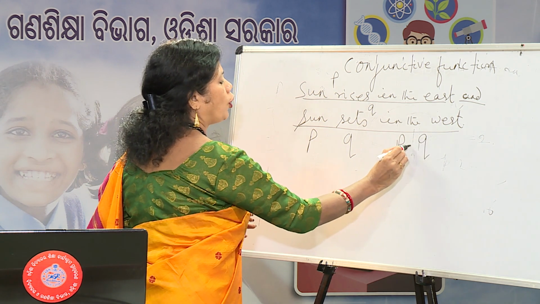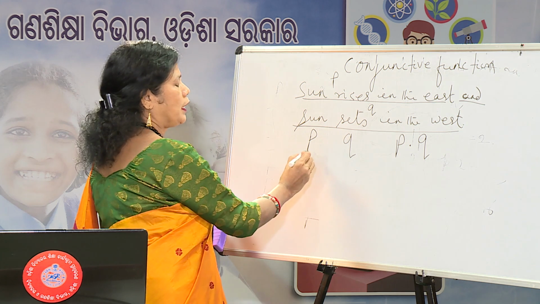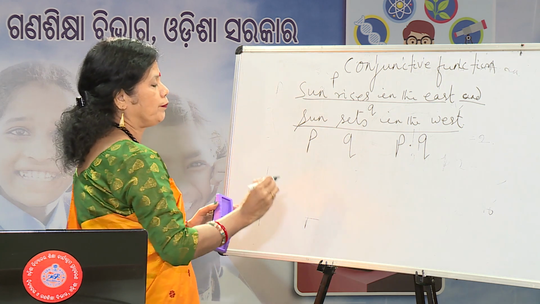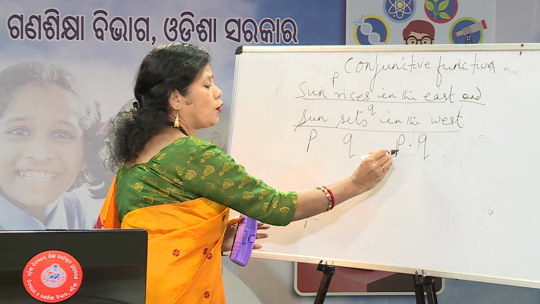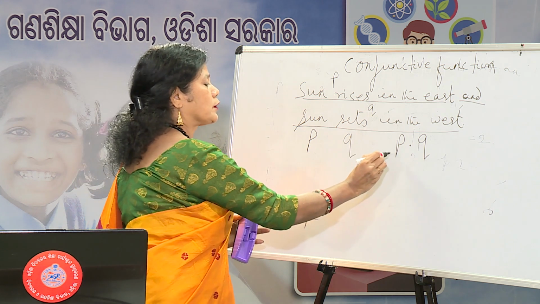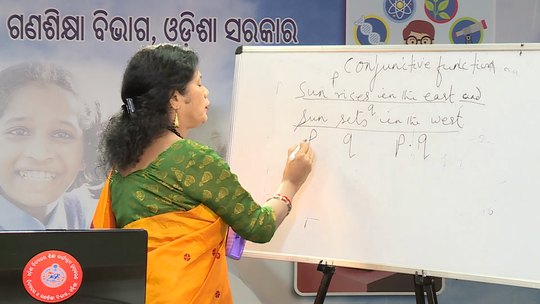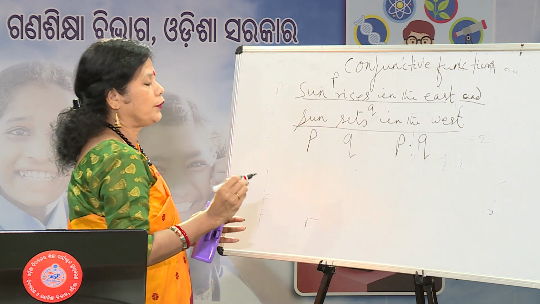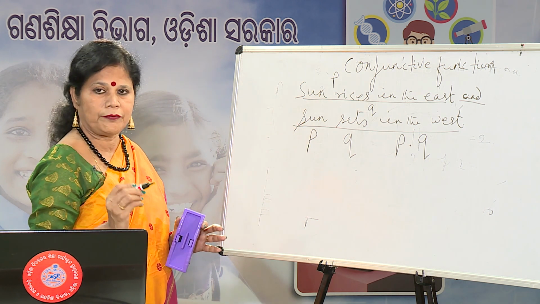Here how many propositions do we have? We have two propositions p, q, and p and q is called the conjunctive function of the component propositions p, q.